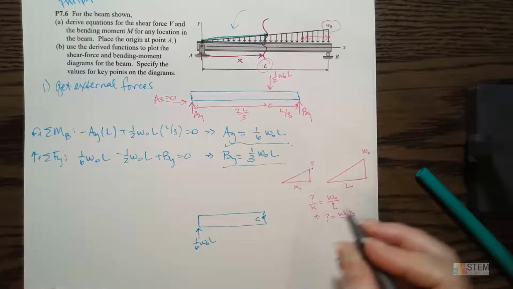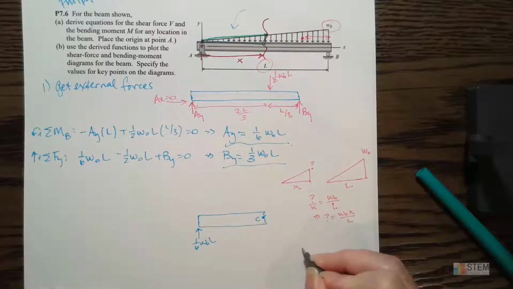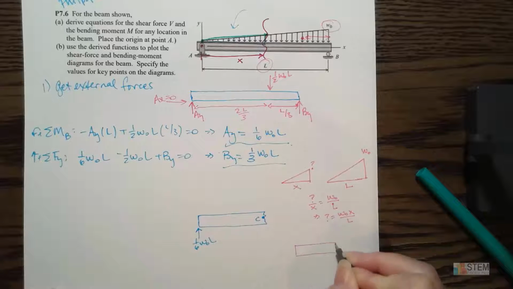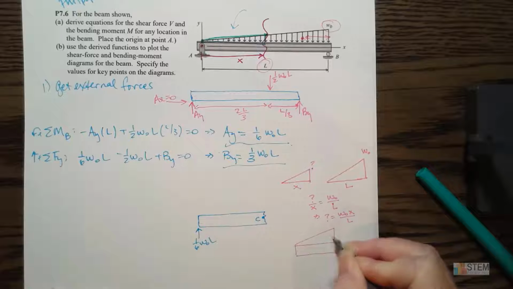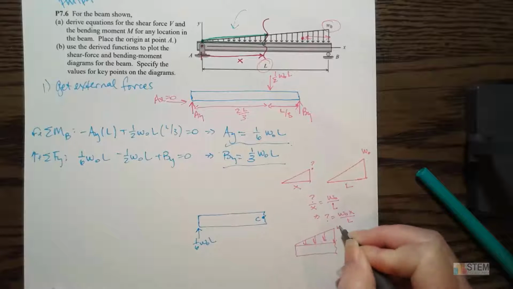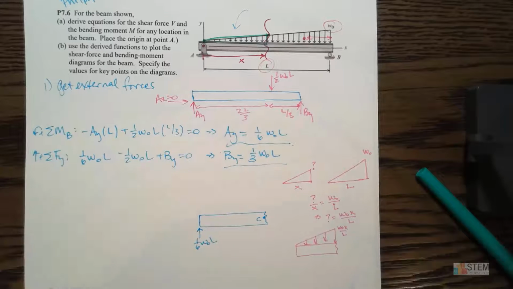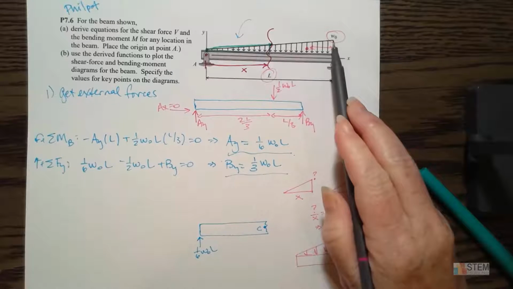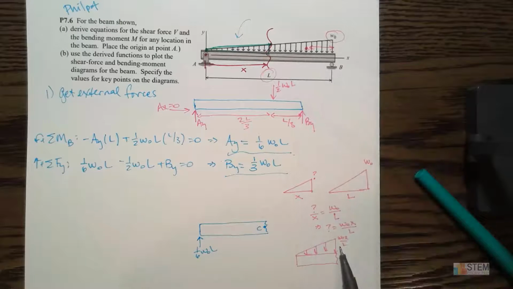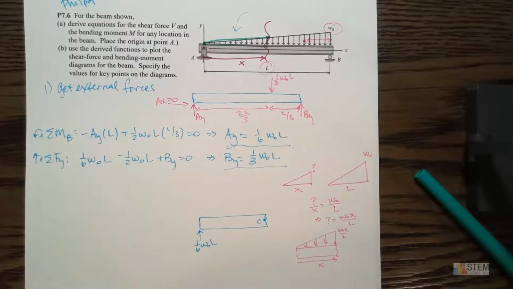So basically, if I were to look at the distributed load now, it's going to look something like this. Before we had the W0, but we went all the way over. Now we're not going all the way over, we're just going over this distance X. So this is now the new distributed load.